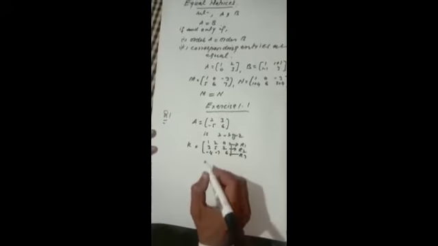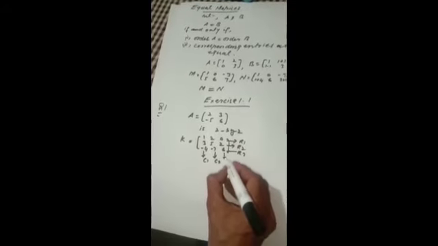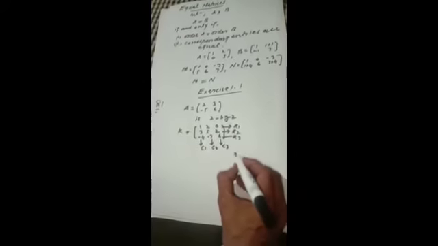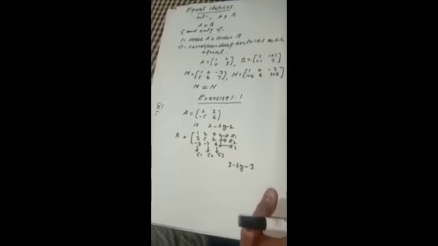And in this matrix the number of columns is also 3: column number 1, column number 2, column number 3. So the order of this matrix K is 3 by 3. This is also a square matrix, and in this way we can find all the orders of the given matrices in question number 1.